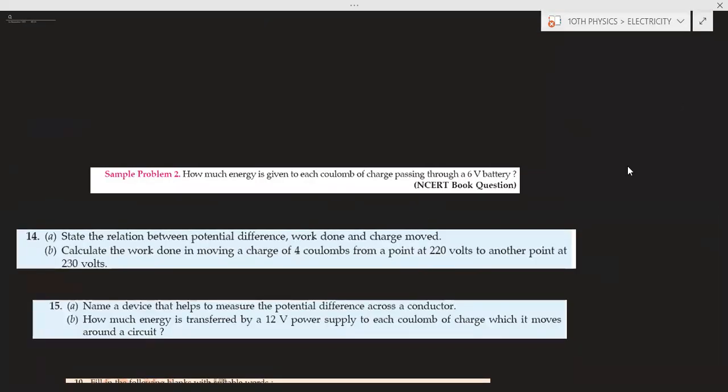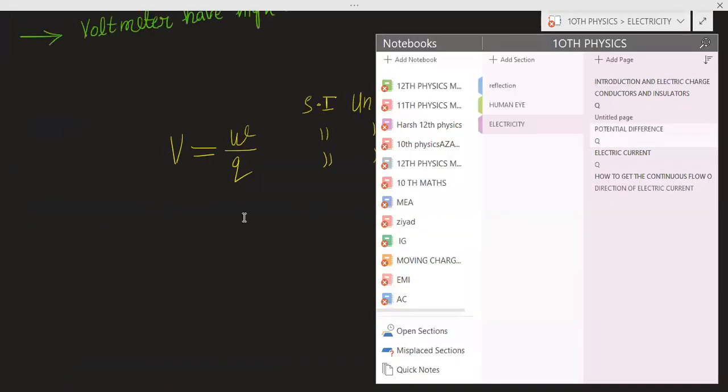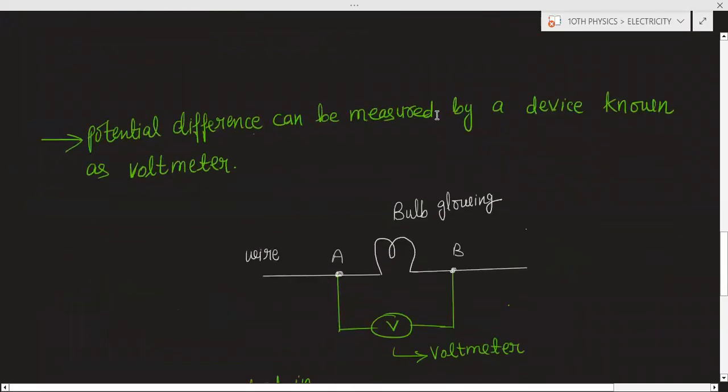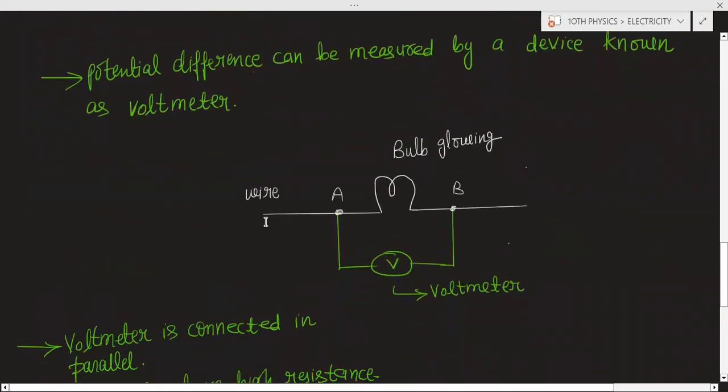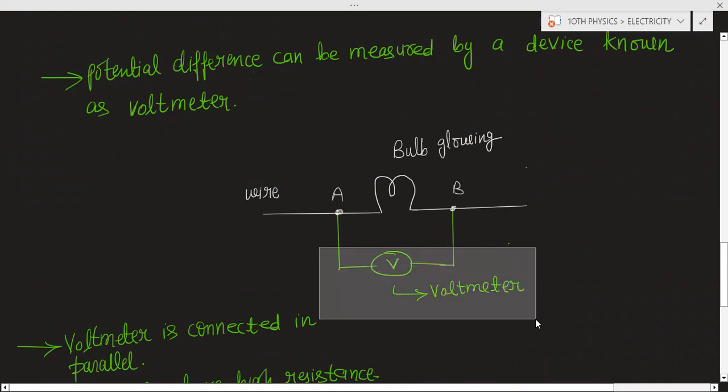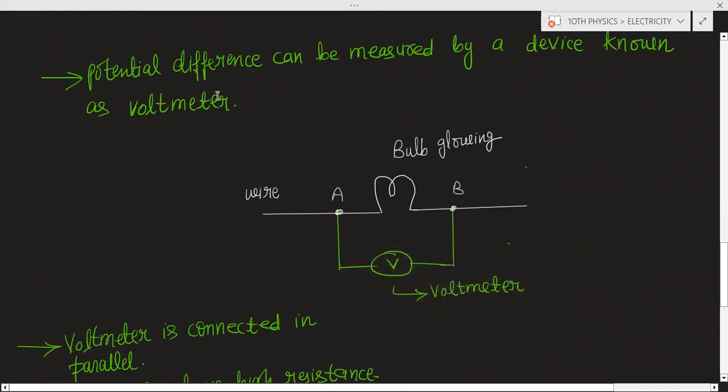You can see here. Potential difference can be measured by a device known as the voltmeter. So if across a conductor or across anything you want to find the potential difference, you will connect a voltmeter in parallel and you will get the potential difference.